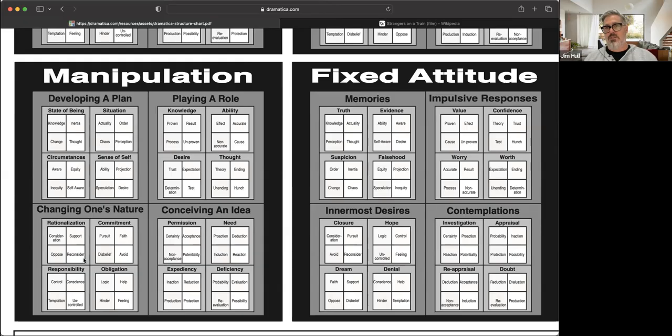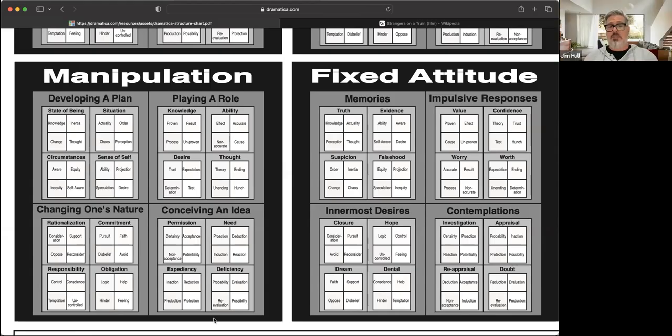How are things resolved through changing one's nature? How is that the source of the problem in the objective story? The reason that I liked that one is because Bruno is consistently attempting to get Guy to change his nature, to become a murderer.